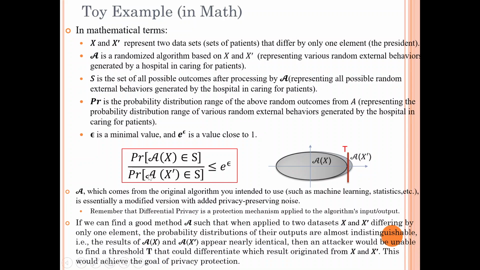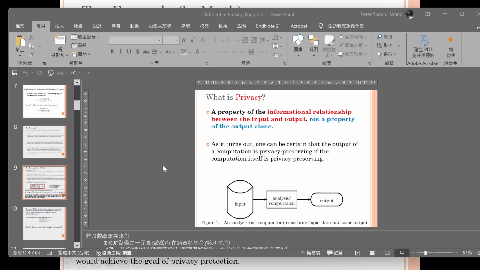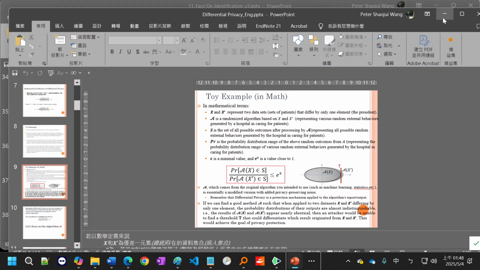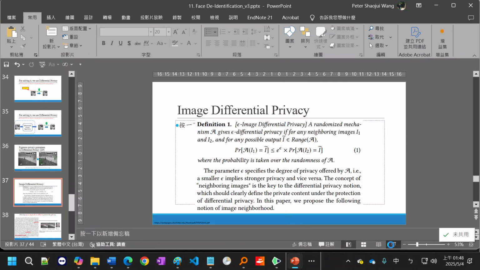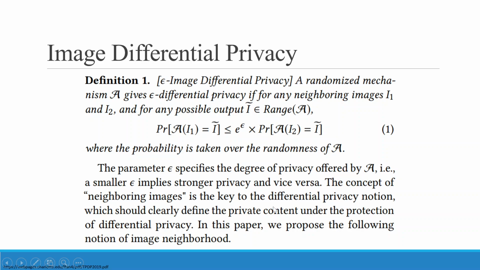So X prime is a neighbor of data set X. Also, we want to define what a neighbor is here.